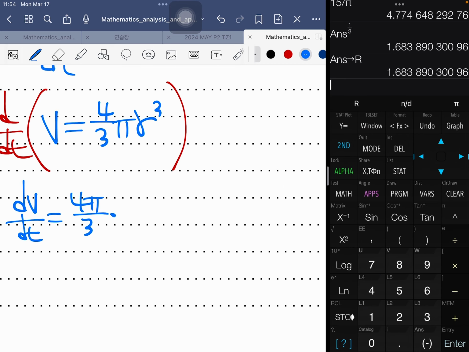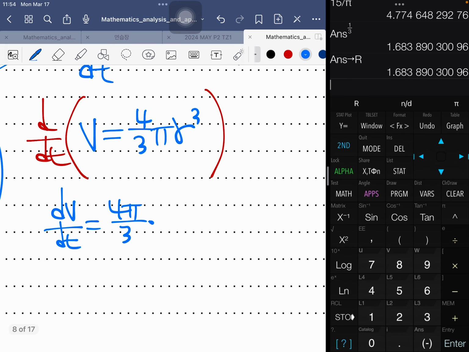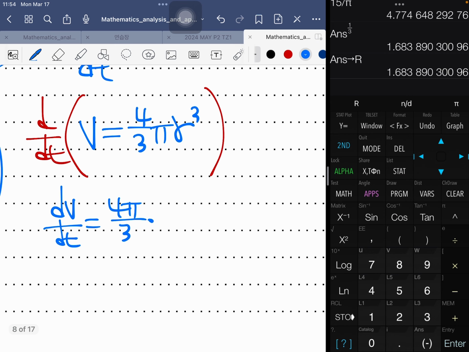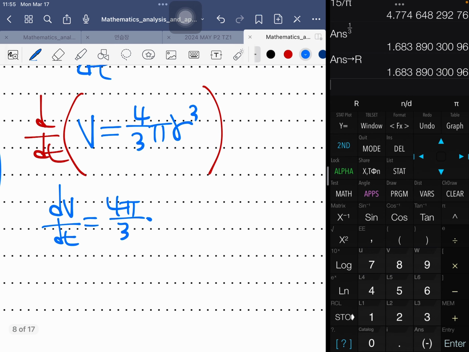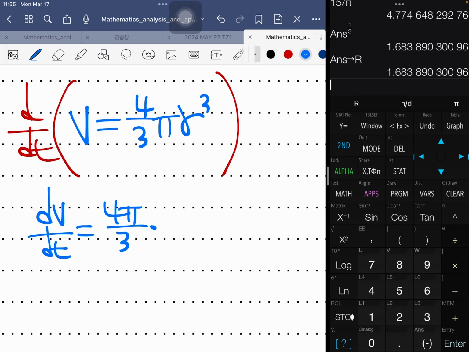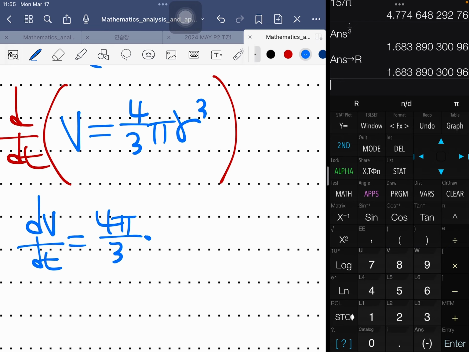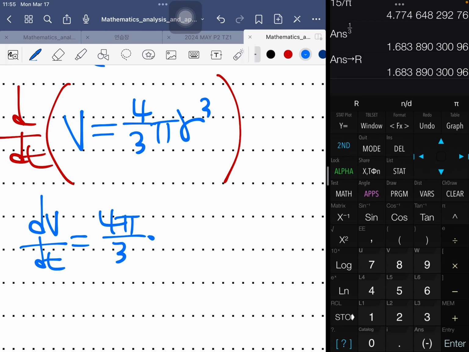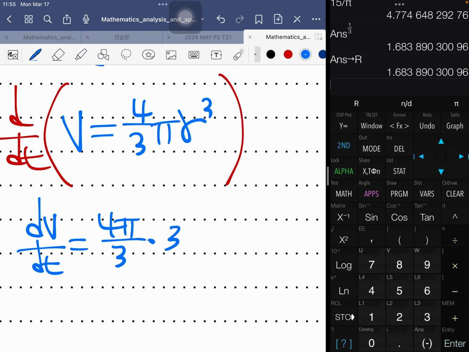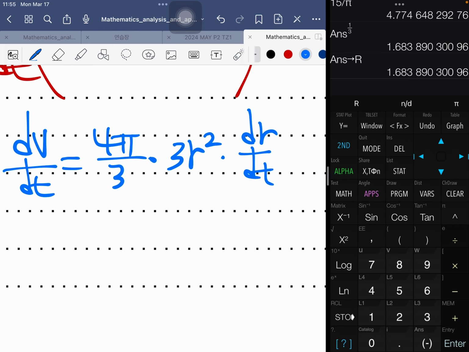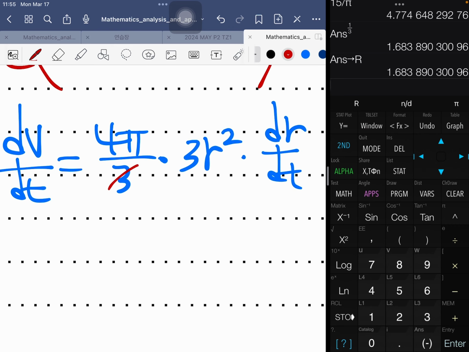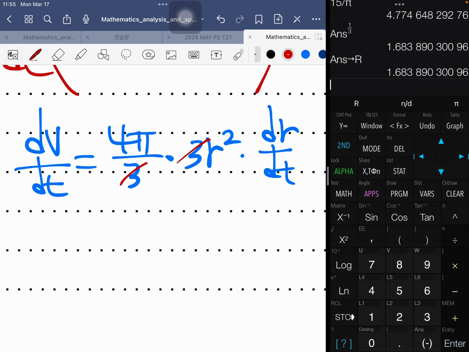R cubed cannot be differentiated directly with respect to t, so we apply the chain rule. We differentiate r cubed with respect to r, which becomes 3r squared times dr dt. Okay, 3 cancels out.